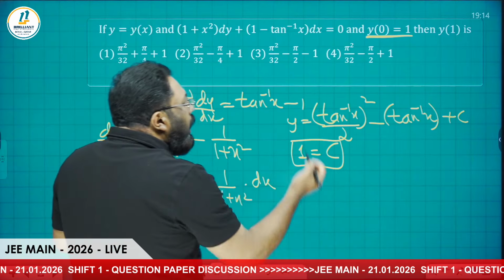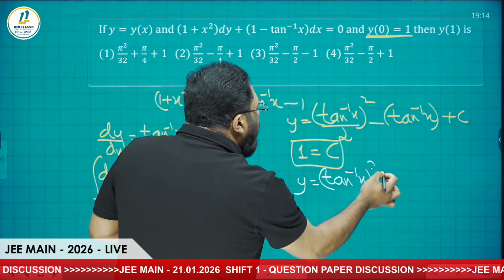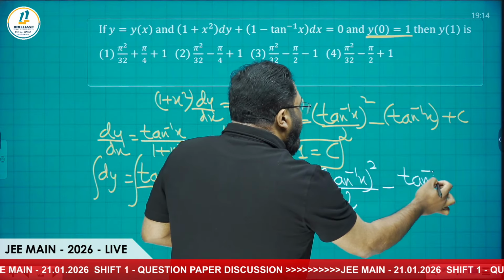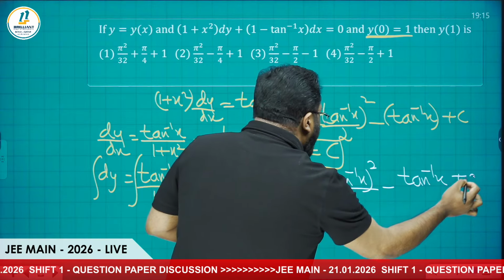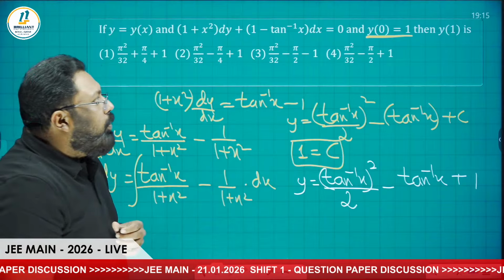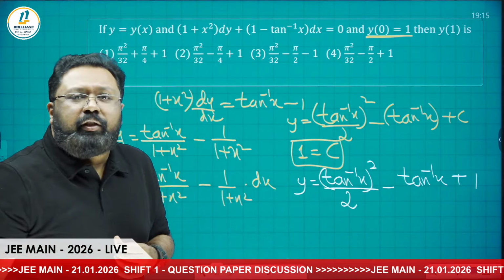Now we can put this in our equation. We can write our particular solution as tan inverse of x the whole squared divided by 2 minus tan inverse of x plus 1. That is what we got for the particular solution. Now they're asking what is y of 1, meaning what happens if you put x equal to 1. If you put x equal to 1, tan inverse of 1 is simply pi by 4.